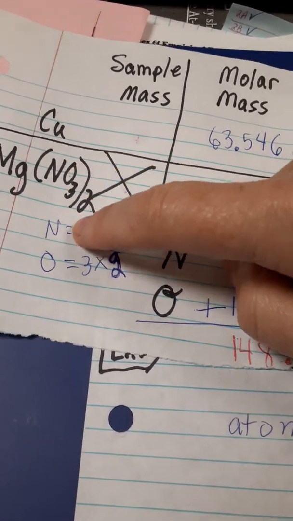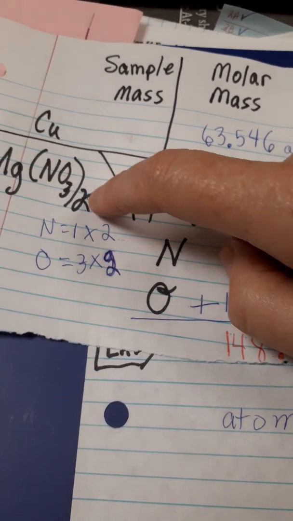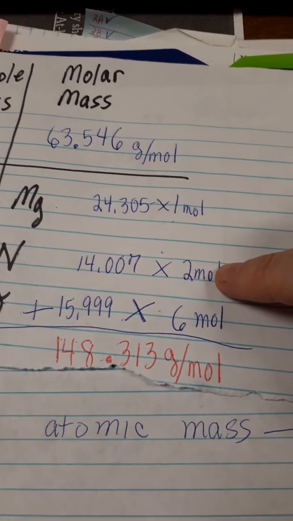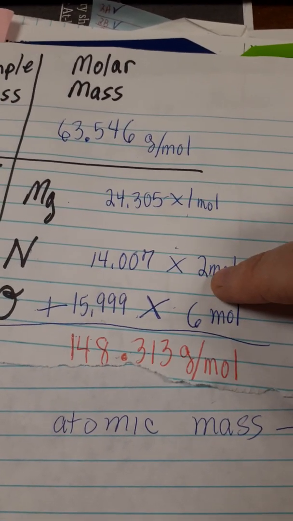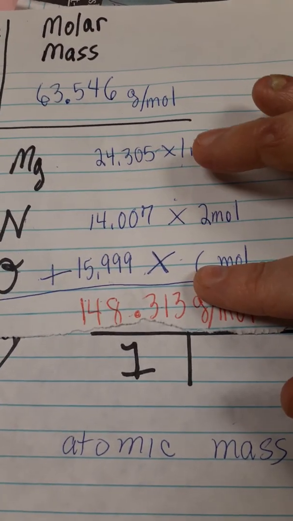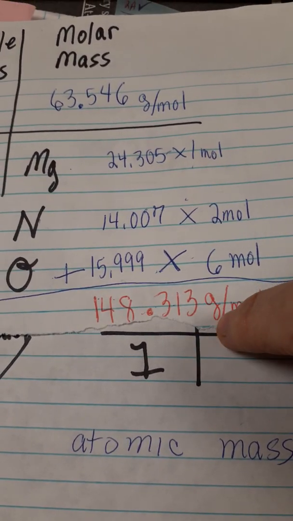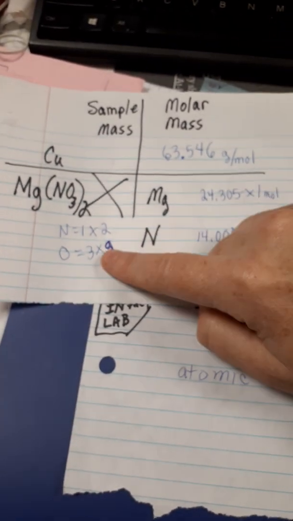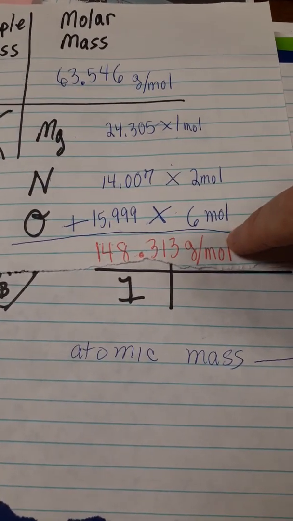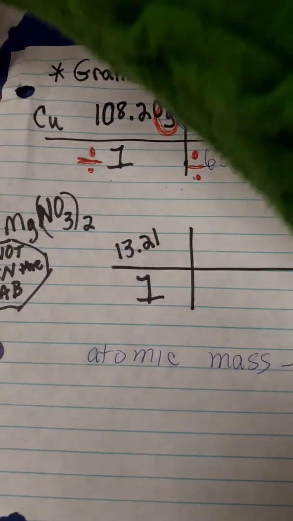So nitrogen is 1 times 2. Oxygen is 3 times 2. So 1 times 2 is 2. 3 times 2 is 6. If we add all that up, we get 148.313 as the molar mass of magnesium nitrate. So I will use this molar mass when the time comes. That's where we found it already.